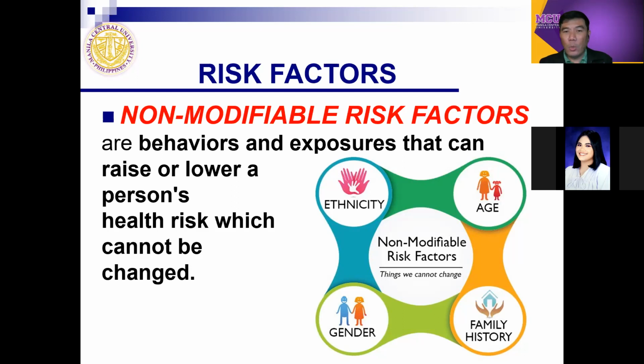As what I've told you, tulad sa ethnicity, Asian, you cannot get away from that because we are Asians, and most of us have similar metabolic response. Although it may vary only on the other modifiable factors. So we have the age, family history, and the gender.